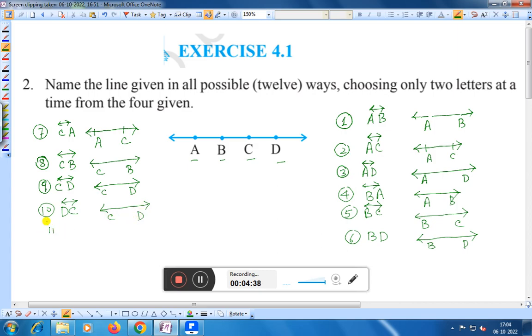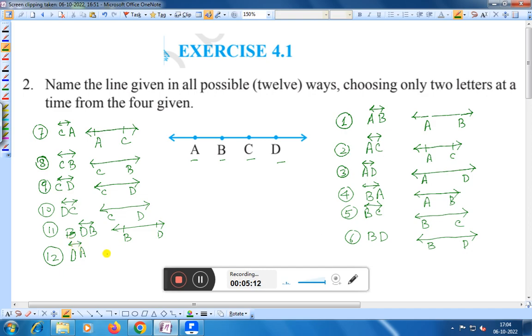Next is number 11, DB. D, it is B, both sides, and here the line will be D, this is D, and this is B. And number 12 is DA.